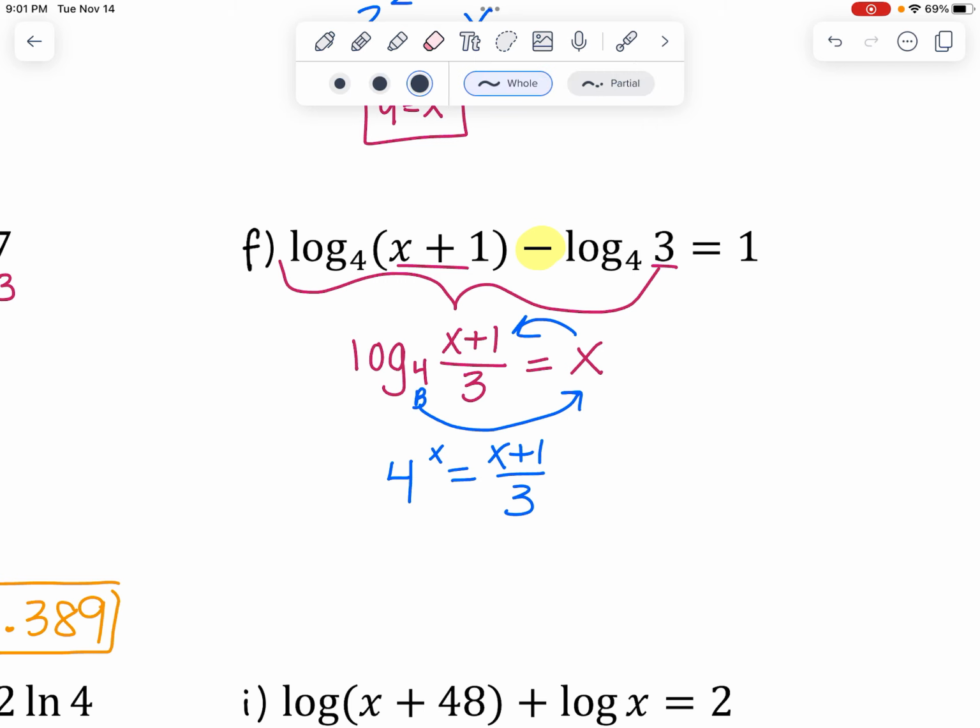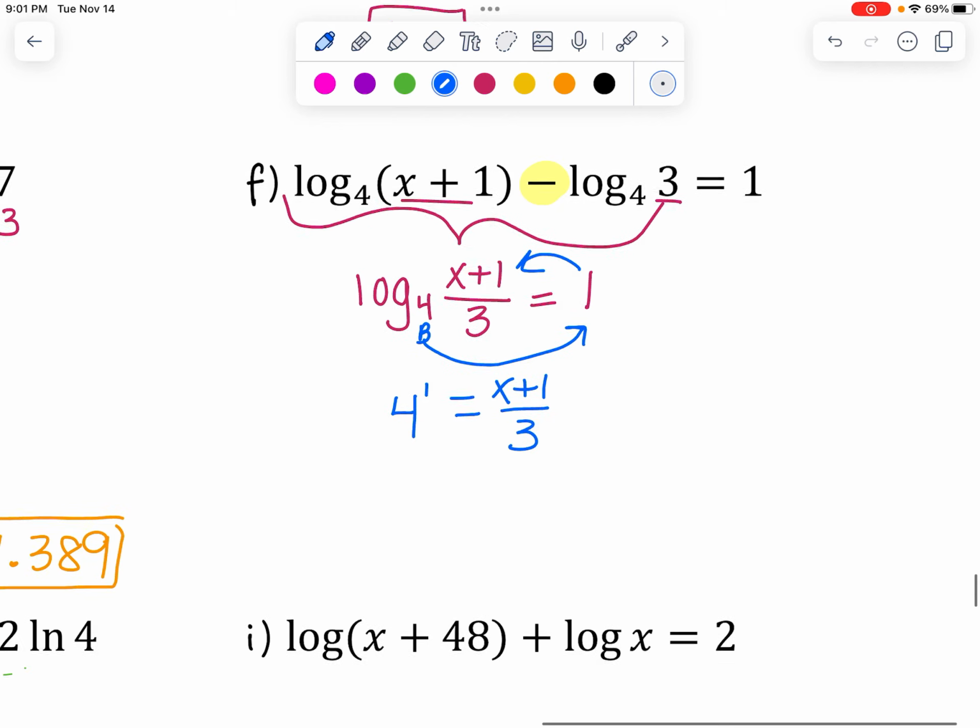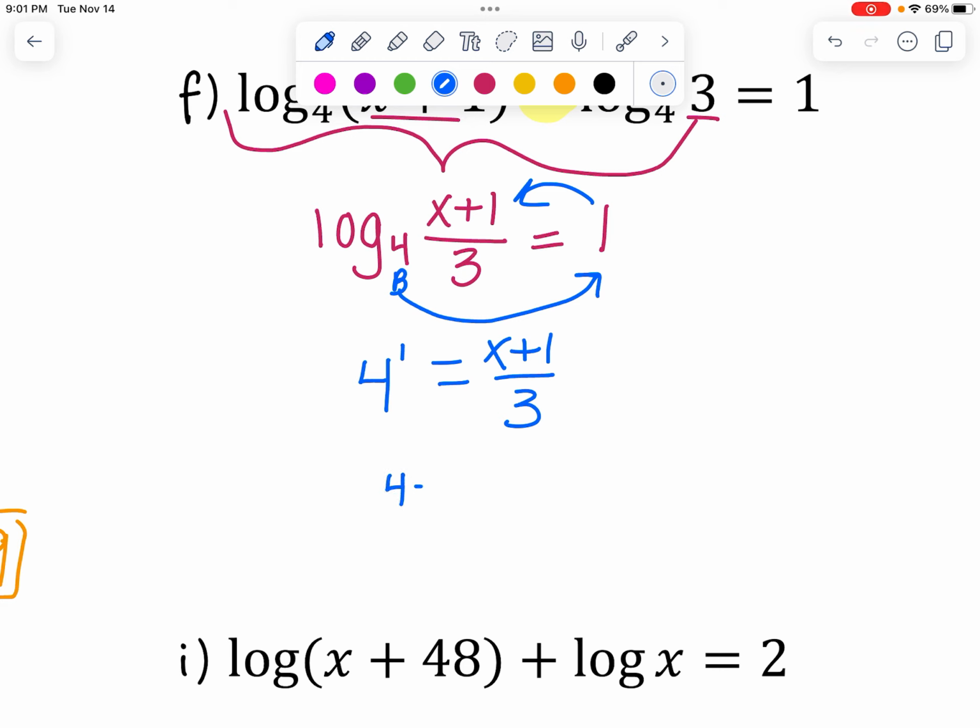Oops, why did I write x there? This is supposed to be a 1. So 4 to the 1st power equals x plus 1 over 3. Now I can simplify. We've got 4 equals x plus 1 over 3. 4 to the 1st power is just 4.